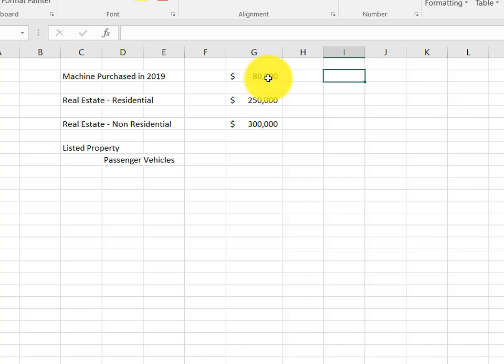So we have that as long as it fits the definition, qualifies as an asset that fits under Section 179, you could do that. And it's fairly broad, but there are some things that would not qualify as a Section 179 asset.